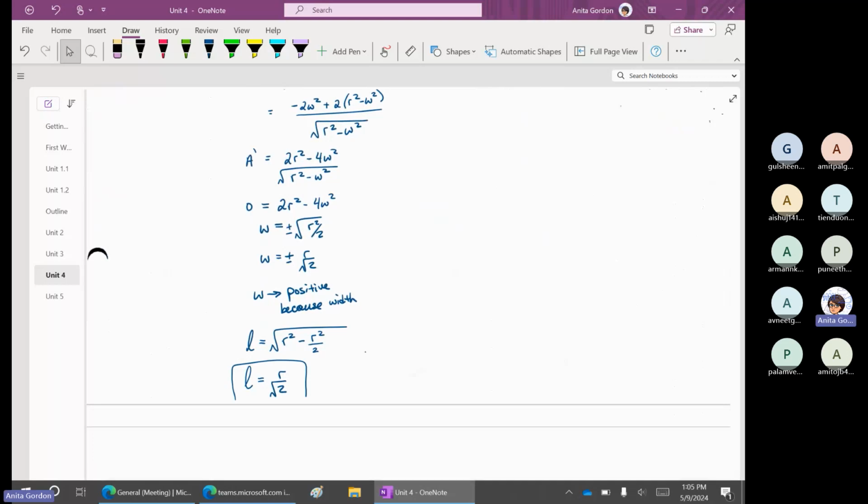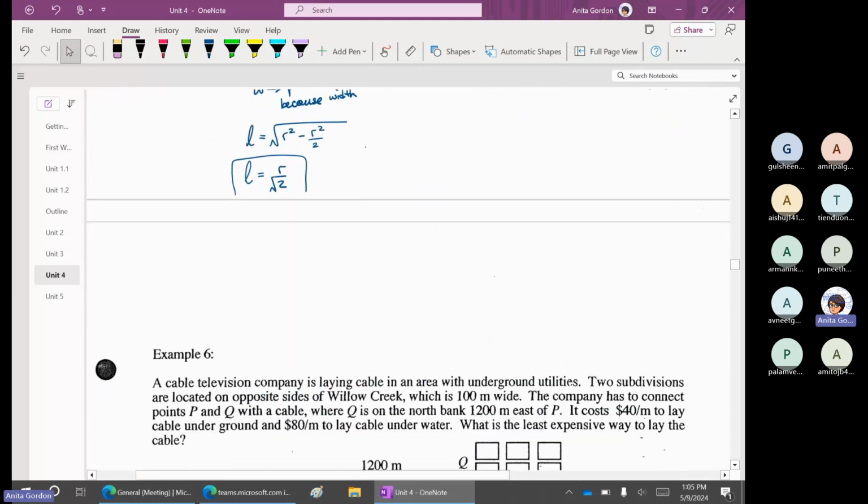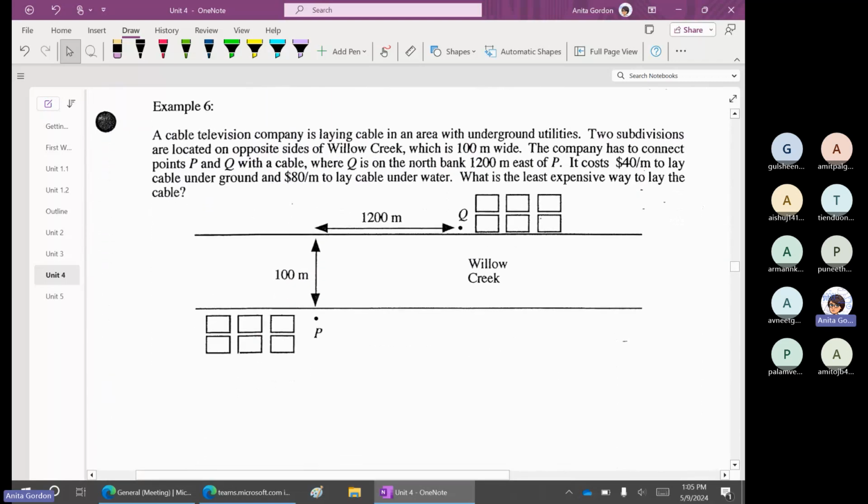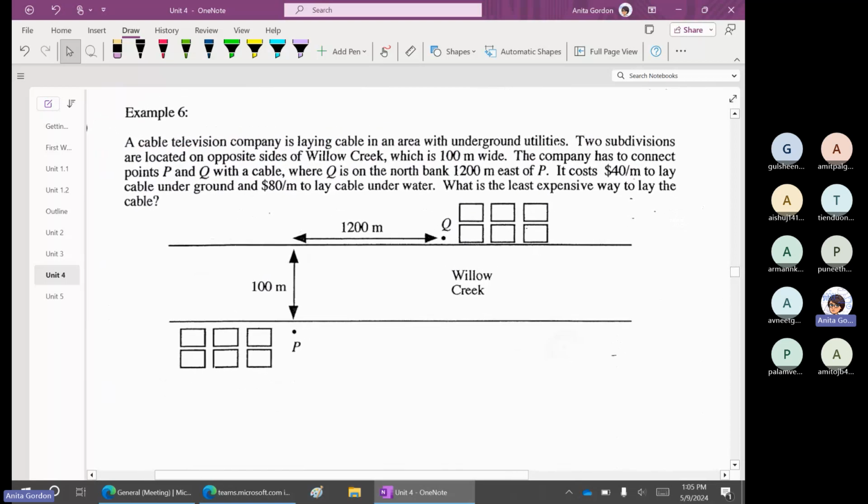Last example. Oh, look, another wonderful, good question. Hint, hint, nudge, nudge. A cable television company is laying cable in an area with underground utilities. 2 subdivisions are located on opposite sides of Willow Creek, which is 100 meters wide.